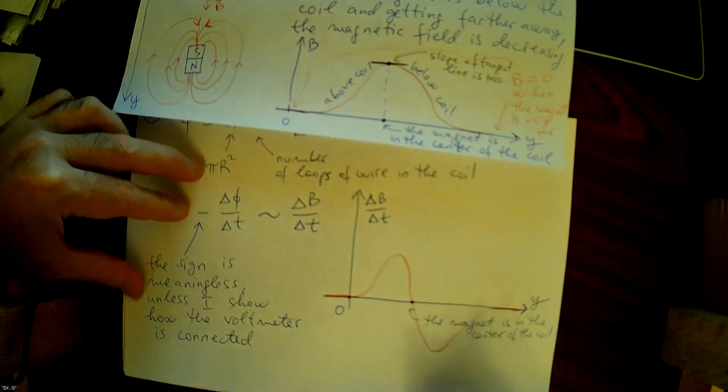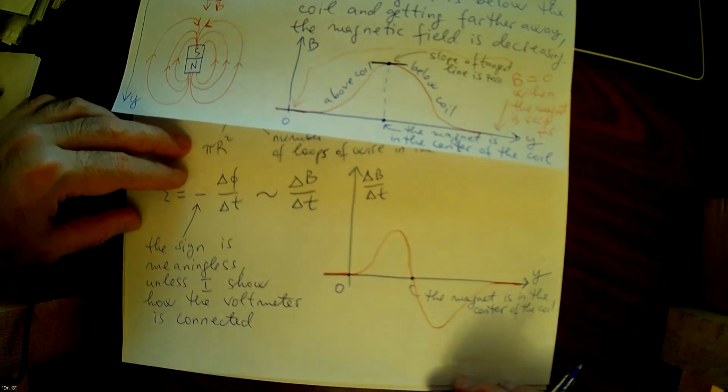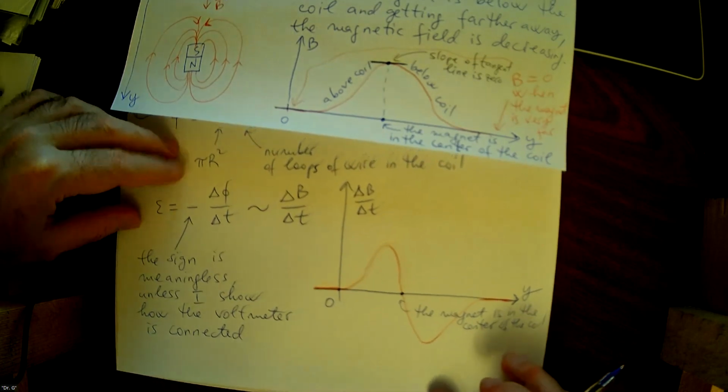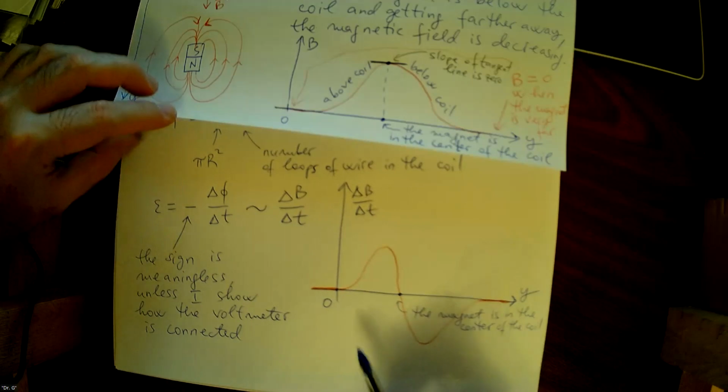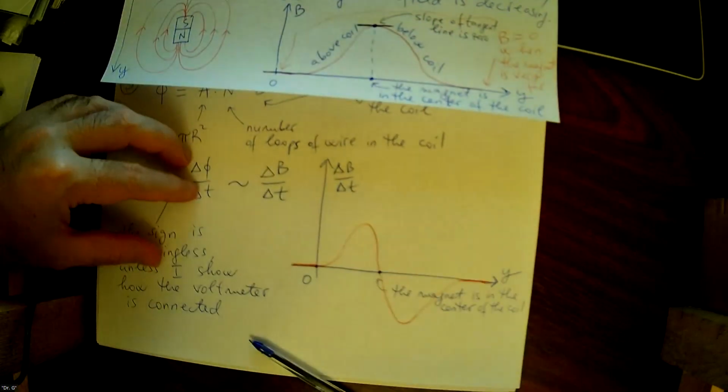If I swap the black and red leads of the voltmeter, the voltage measured changes sign. So we don't focus on the sign, and that's the explanation.